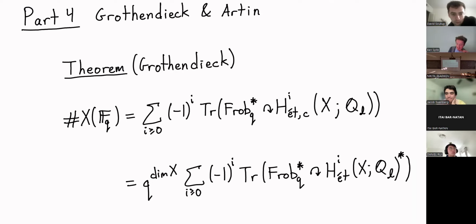That number of fixed points of Frobenius is counted by a formula like the one we had. My manifold is like the points over Fq, maybe over Fq bar, maybe I'll indicate that here. I take coefficients in the rational numbers, but actually in the l-adic numbers, it doesn't matter. It matters a lot, but we're not going to talk about it. And we use this cohomology theory called étale cohomology with compact support.